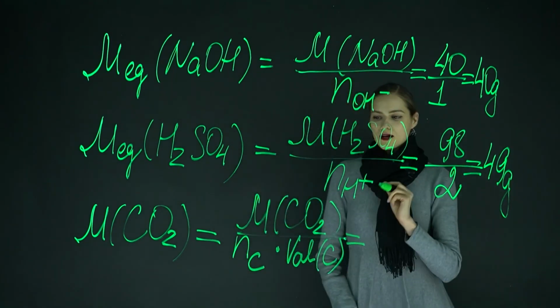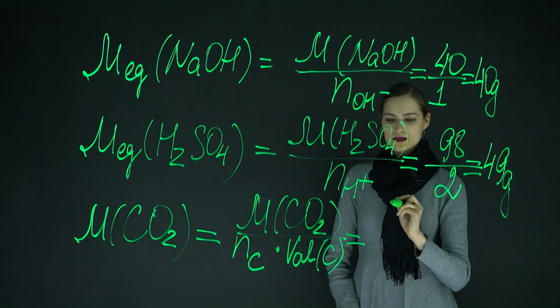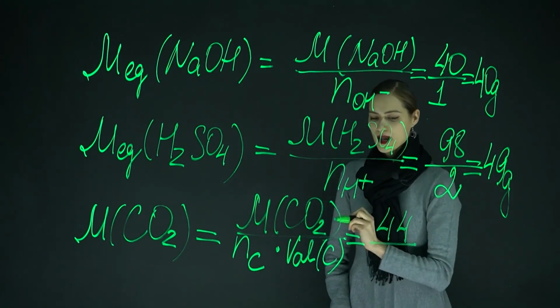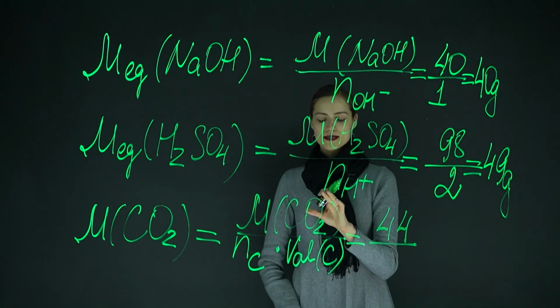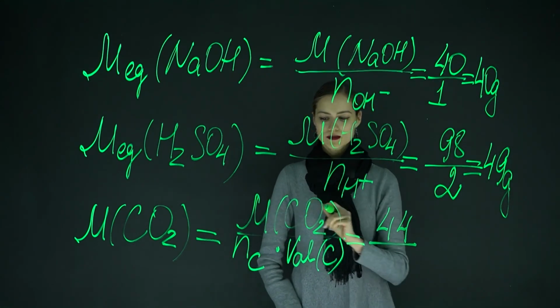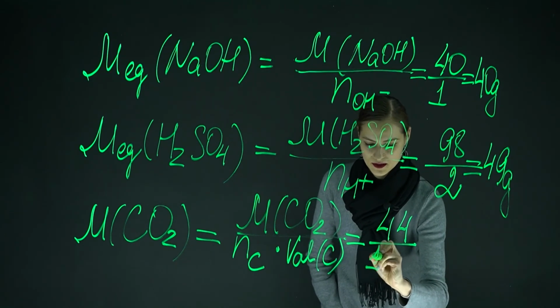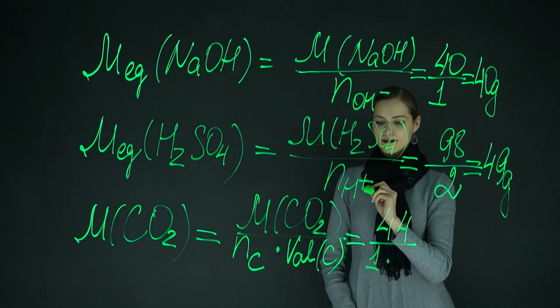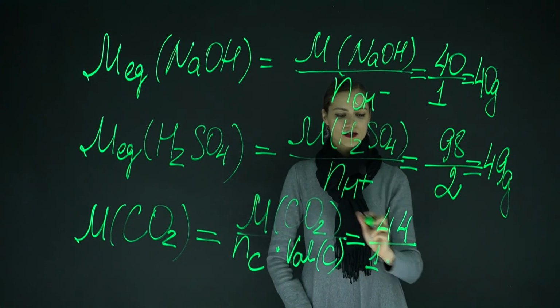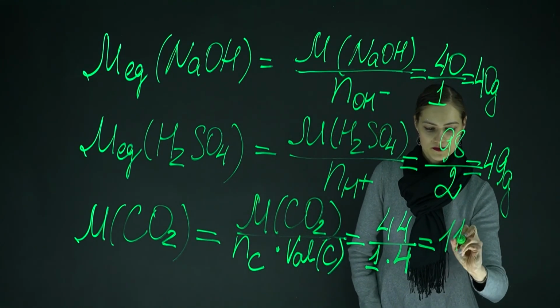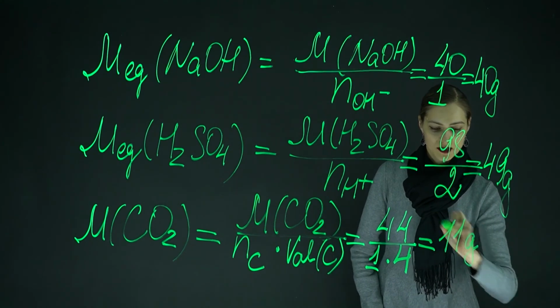The molar mass for this oxide equals 44. We see here that we have just 1 carbon atom, so we divide by 1. And the valency of carbon here equals 4, so equivalent mass equals 11 grams.